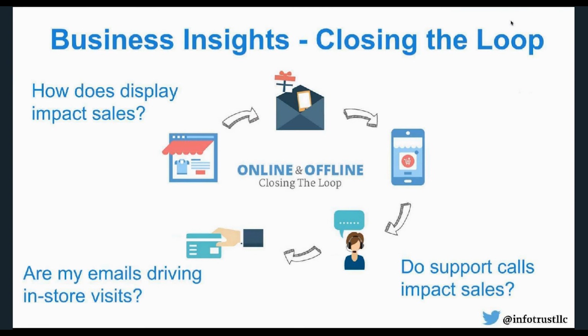And when we talk about closing the loop, we have to consider different devices that consumers are using and different ways they are connecting with our brand and purchasing the products, or even learning about our products.